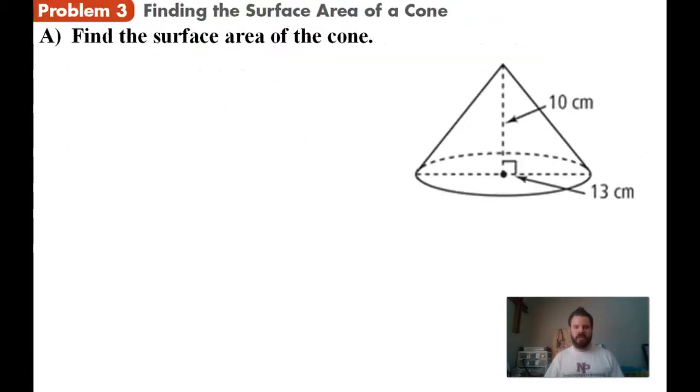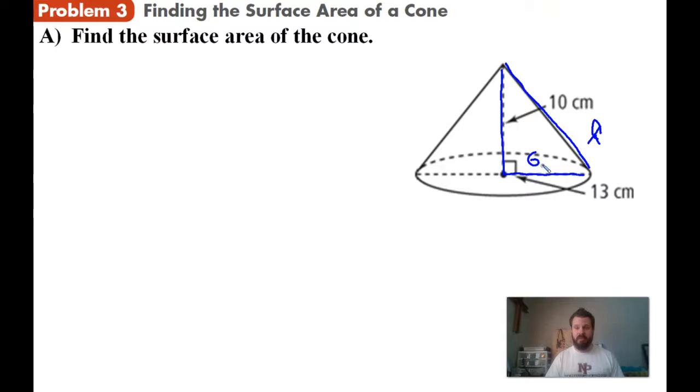All right, so let's go ahead and use that formula and find the surface area of a cone. Okay, first off, you got to ask yourself, did I give you the correct height? This one, no, I didn't again. I gave you the height. What we need is the slant height. So first thing we need to do to solve for that, using this triangle with a side length of 10, side length of, I'm going to say this 13 is the diameter because it's pointing at the center.